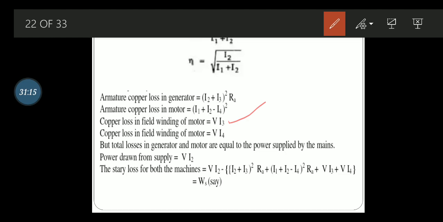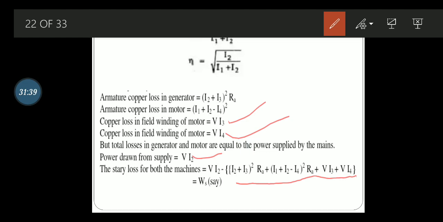Copper loss in the field winding of the motor is given as V into I4, but the total losses in the generator and motor are equal to the power supplied by the mains. Power drawn from the mains is V into I2. Then the stray loss for both machines can be calculated from these losses, which are tabulated here.